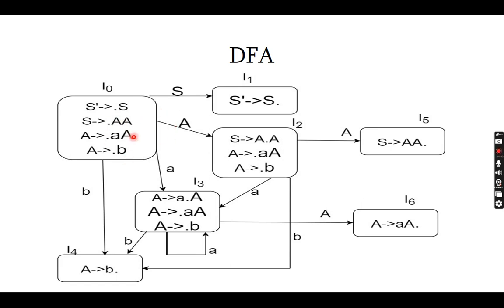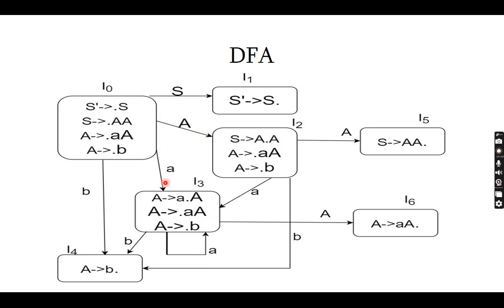One more thing you need to know is the LR0 item. In both LR0 and SLR parsing techniques, you will be using LR0 items. An LR0 item means a production with a dot at any position in the RHS.